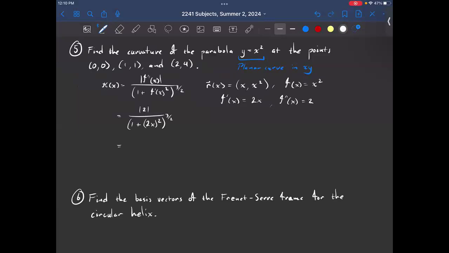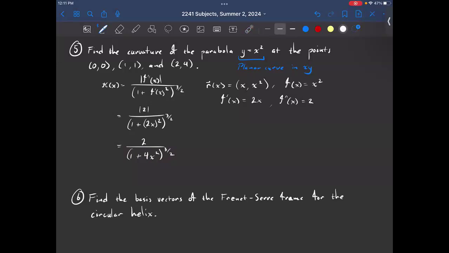If I simplify this a little bit, I can't do much, but 2 over 1 plus 4x squared to the 3/2 power, and I have a sum there, so I can't distribute this. So I'm just stuck with that.